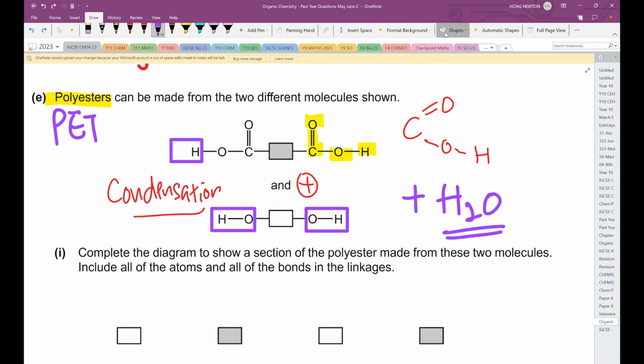So now can you draw or not? You cannot include the H2O. Right, so now can we draw together? Teacher already cropped it out for you. Maybe I use the red color.